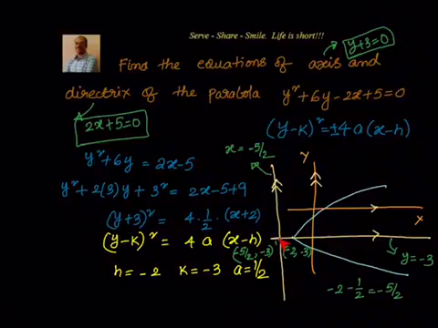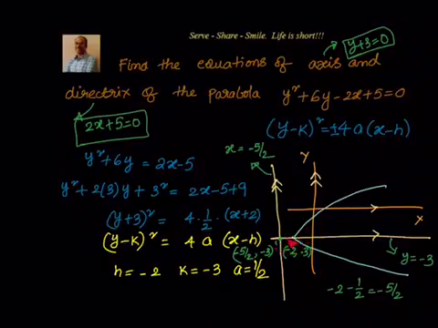So to find that value, we know the vertex x coordinate is minus 2, and by the definition of the parabola, the parabola is a collection of all the points which are at equal distance from the focus and from the directrix. So the distance between the vertex and the focus, and the distance between the vertex and the point on the axis of the parabola which is intersecting the directrix, is equal, which is equal to a.